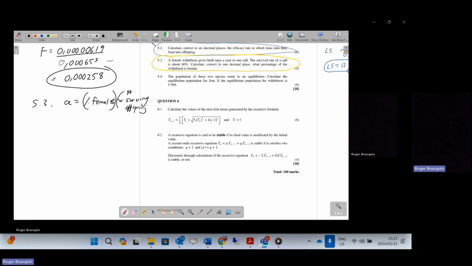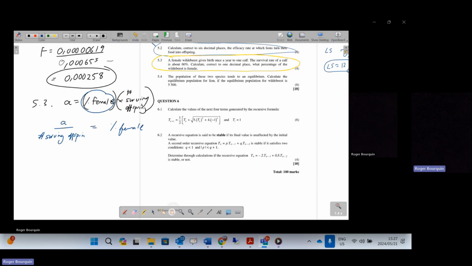And we're looking for percentage female. So if we manipulate the equation, percentage female is going to be equal to A over the number of surviving offspring.